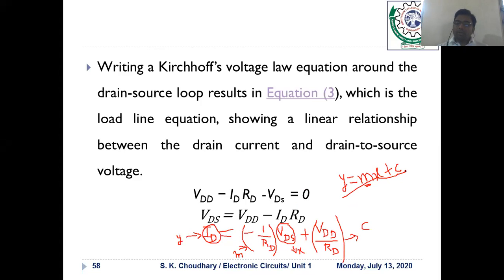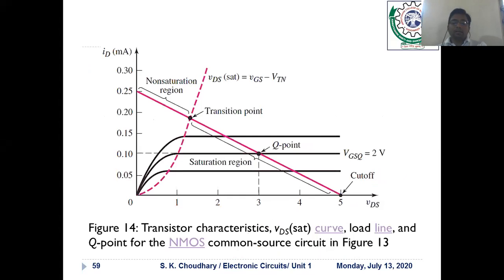Okay. Now we can easily indicate these terminologies on your diagram. So in the next slide, if you see, this is the diagram, that is nothing but the ID-VDS characteristics first. To draw a load line, we first have to draw the characteristics of the MOSFET.